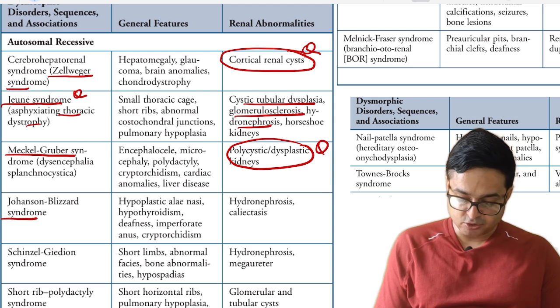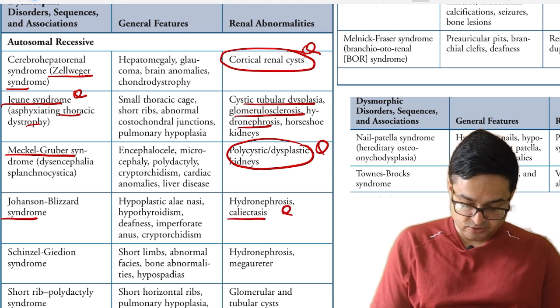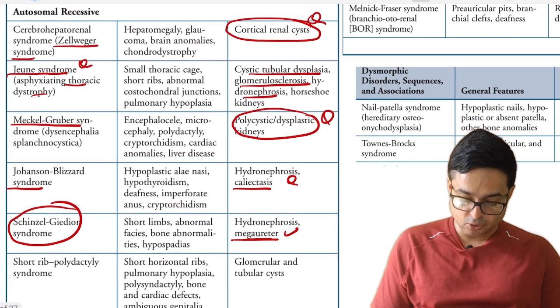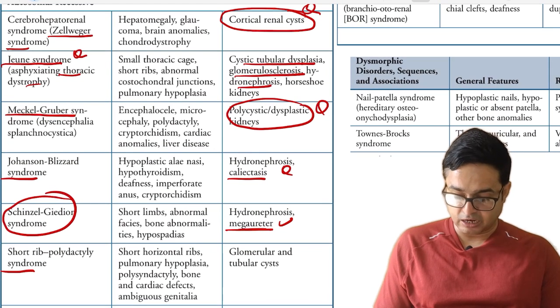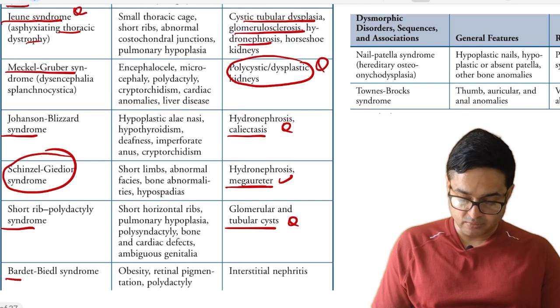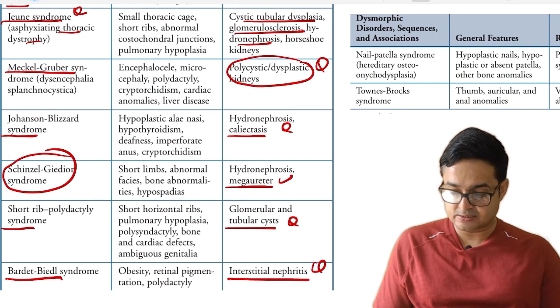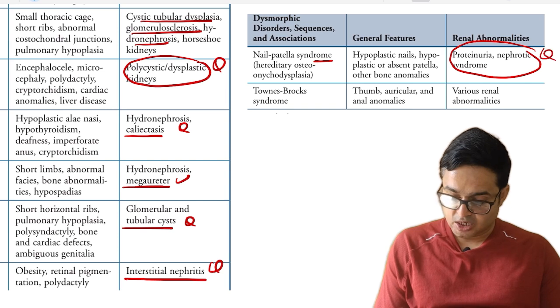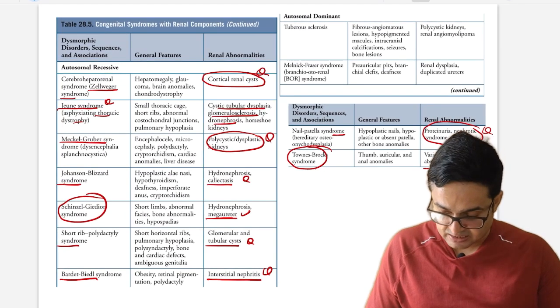Johanson-Blizzard syndrome: hydronephrosis and cholestasis. Sengers-Gordon syndrome: hydronephrosis and megaureter. Short rib polydactyly syndrome: glomerular cyst and tubular cyst. Bardet-Biedl syndrome: interstitial nephritis. Nail-patella syndrome: in this condition, proteinuria and nephrotic syndrome are found. Townes-Brocks syndrome: various renal abnormalities are seen.